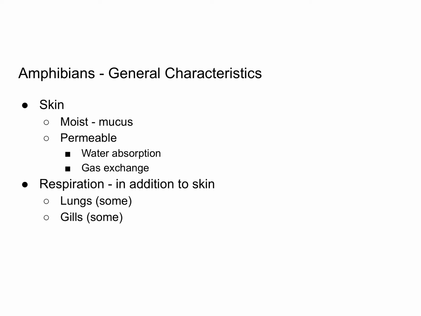Some additional general characteristics of amphibians. Their skin is moist and it's covered in a type of mucus. It's also permeable, and so they can absorb water through their skin. They can also exchange gases needed for cellular respiration.